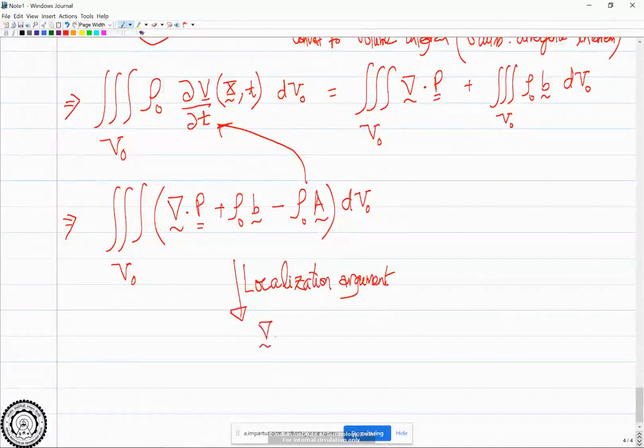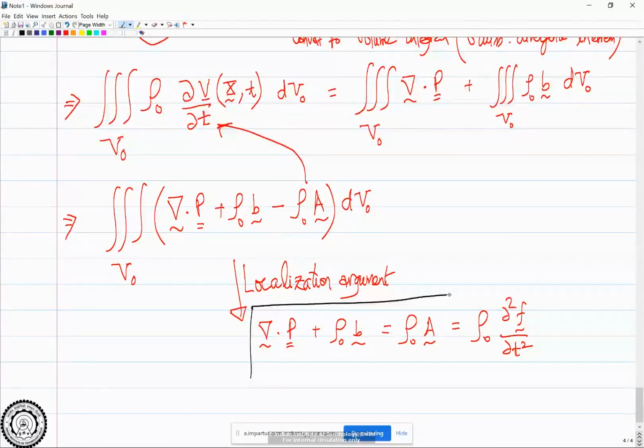And so what you get is divergence dot P plus rho naught B is equal to rho naught A, which you could also write as rho naught del 2 f by del t 2. Okay, so I can now box it. So this is called the linear momentum balance equation. In short, you have LMB, linear momentum balance.